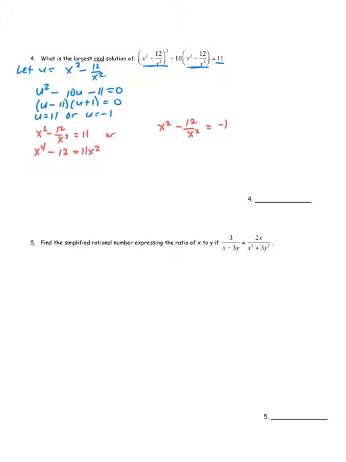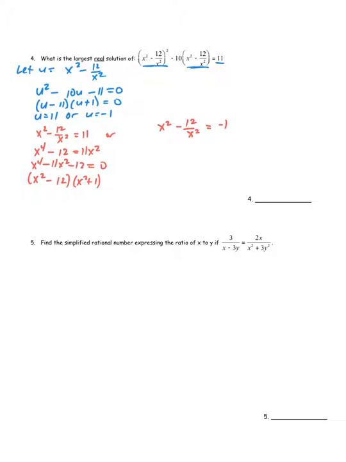Bringing everything to one side and setting the other side equal to 0, we'll have x to the fourth minus 11x squared minus 12 equals 0. This is also another quadratic type. In this case, we could think of u being x squared. I'm not going to do the u substitution. I'm just going to factor this as x squared minus 12 times x squared plus 1.